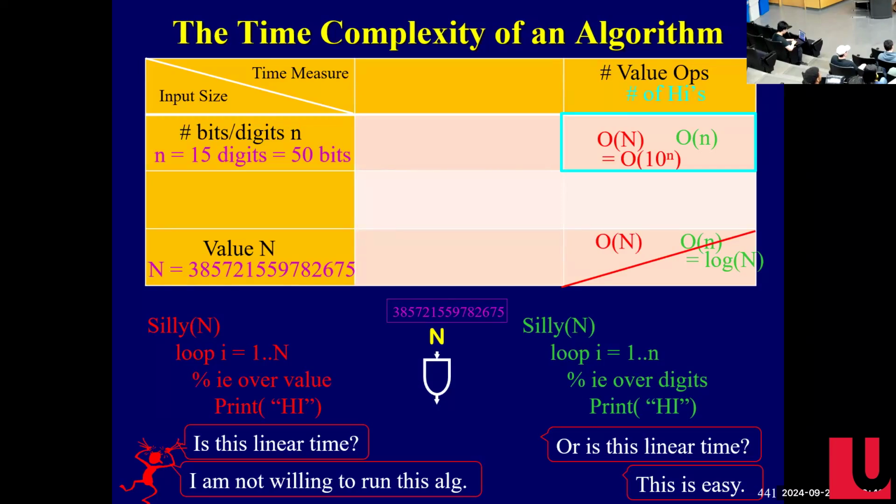Now, you could say, no, there's an integer in my variable capital N, and I just look at it in constant time.